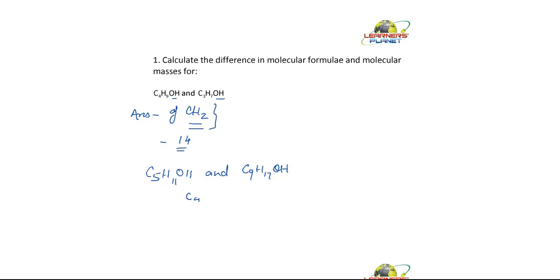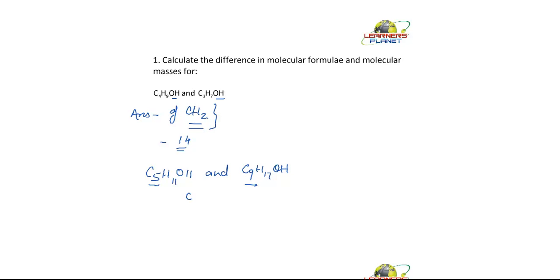Isn't it the difference C4... C5, C6, 7, 8, 3 carbon atoms. There is the difference of, this is the 5th member of the homologous series and this is the 9th member of the homologous series.